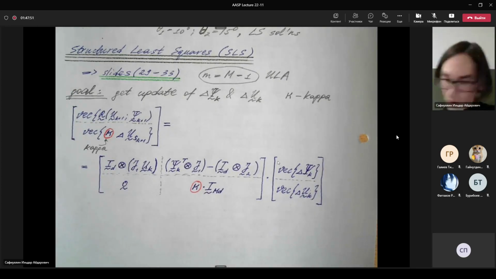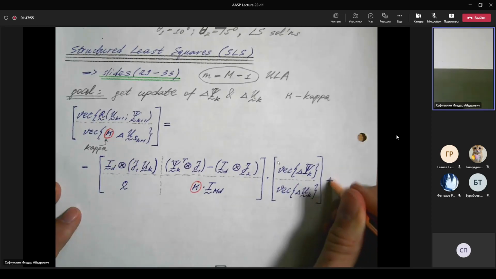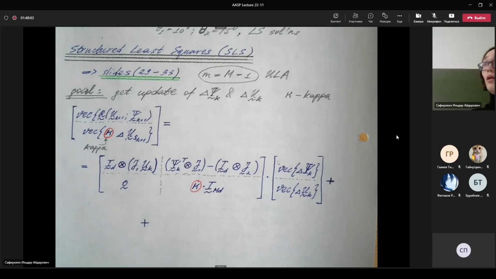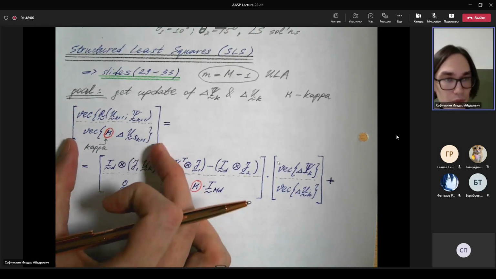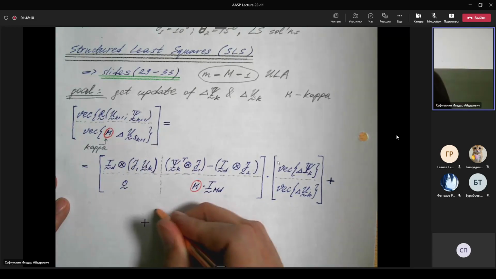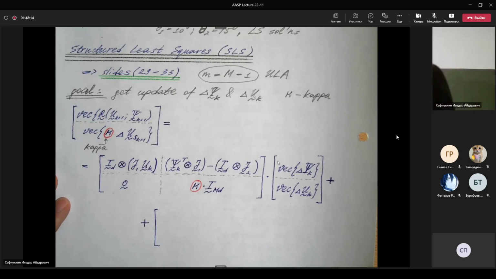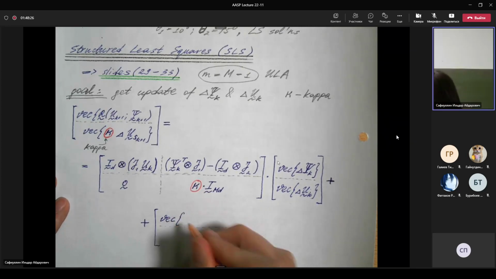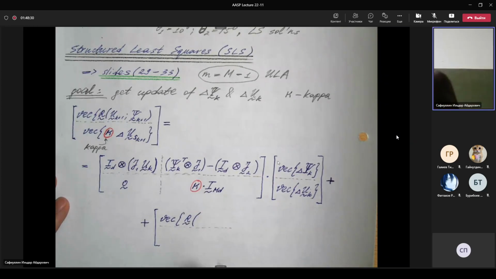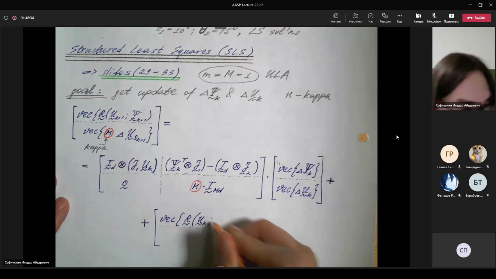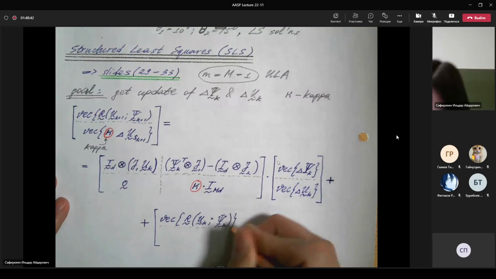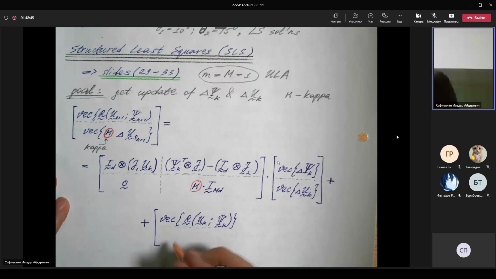And plus this vectorization thing for the previous step, so the concatenation of the vectorization of the residual of U sub k and xi sub k, and here kappa vectorization.